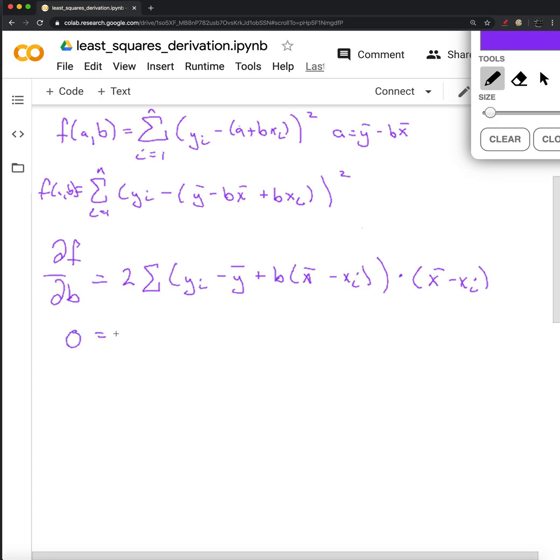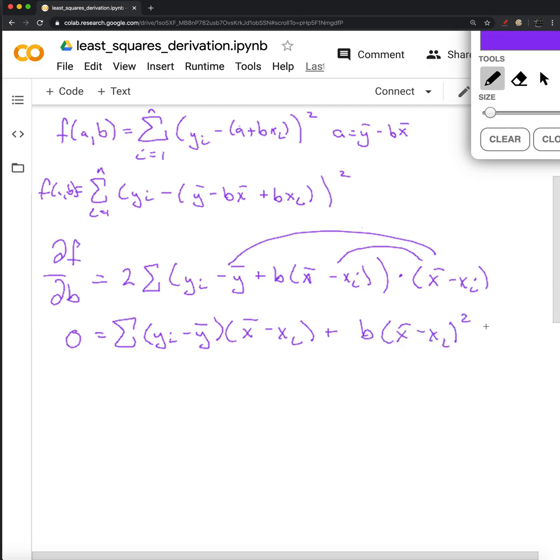We can get rid of that 2 just like we did before, and we have a sum of yi minus y bar times, we've got to multiply this by each of these terms, right? So times x bar minus xi plus b times x bar minus xi quantity squared.